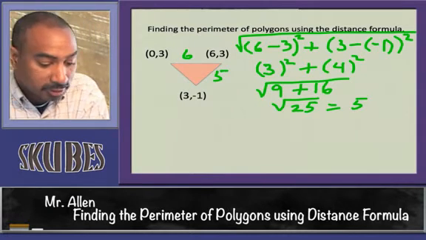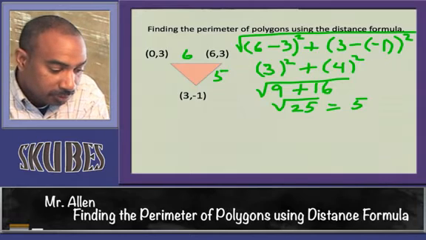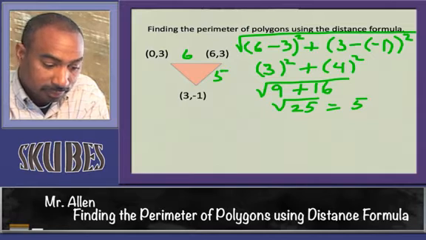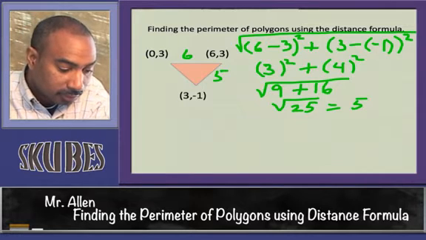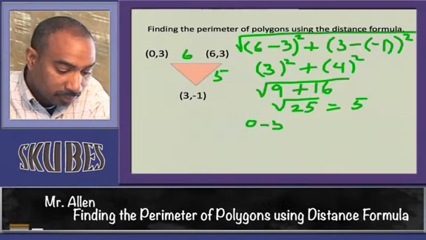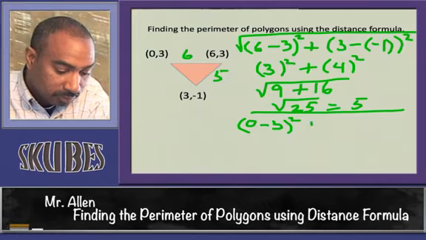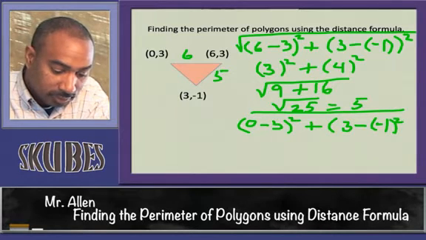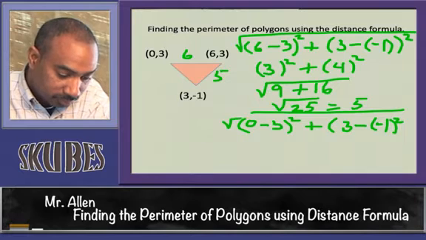We have to get one more distance, and that's between this point, 0, 3, and 3, negative 1. So we're going to say 0 minus 3 squared plus 3 minus negative 1 squared, all over the square root.